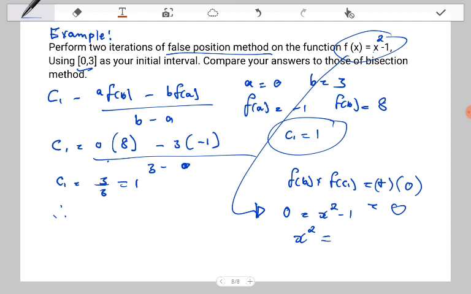So 1 is a root, and 1 is what we got. Therefore we cannot proceed further, because we already found the root.